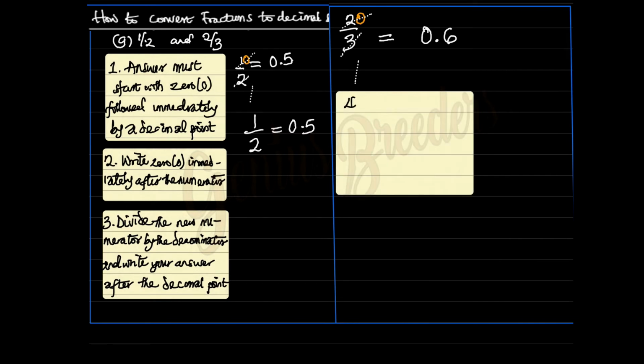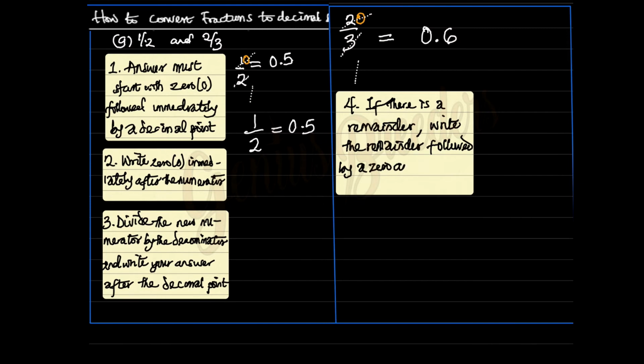Now the step 4 will be, if there is a remainder, write the remainder followed by a 0 and repeat step 3.